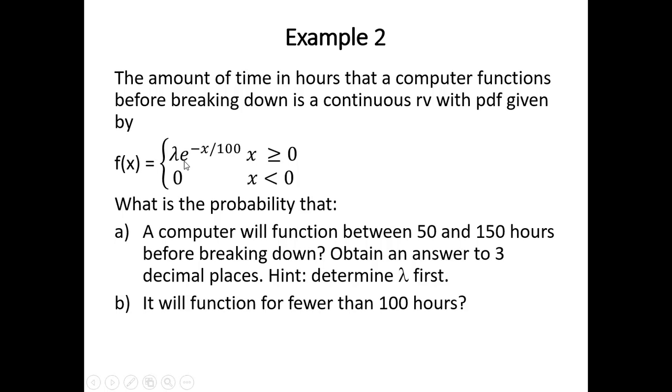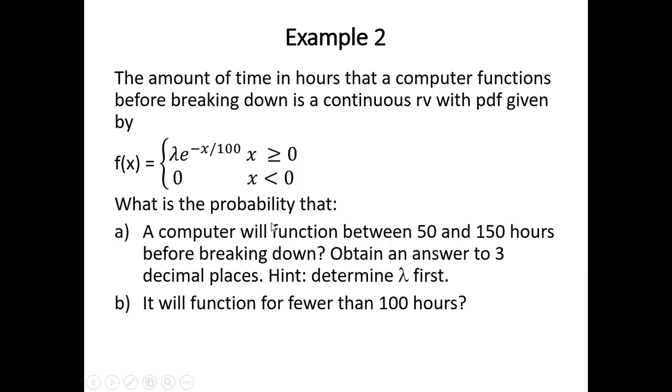So I have lambda e to the minus x over 100, and you can see over here that this lambda isn't given, but this is given. So we have a little bit of work to do, but if you're really familiar with exponentials, you will know what this is right away.